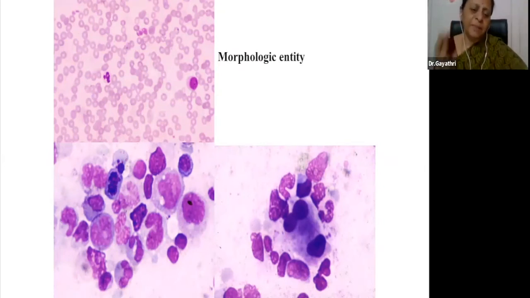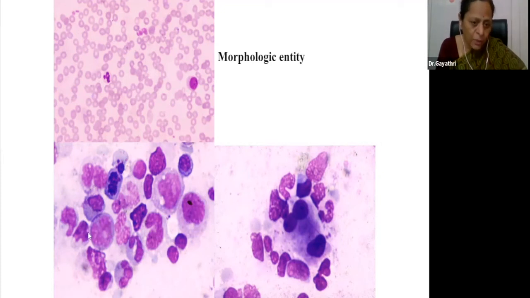Often MDS is picked up because of typical morphologic variations. You see every granulocyte in this field, in the marrow, every granulocyte could be called dyspoietic. This one has granules, but the nucleus is abnormal. This one is so large, no granules.